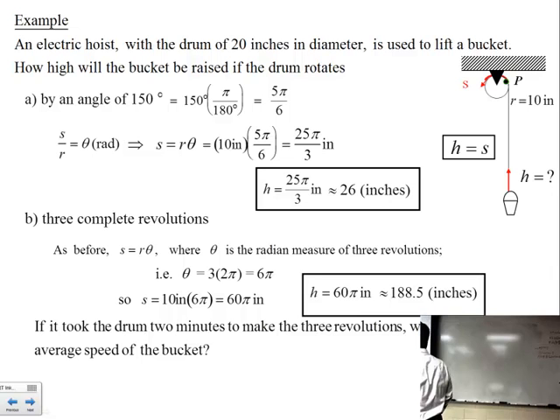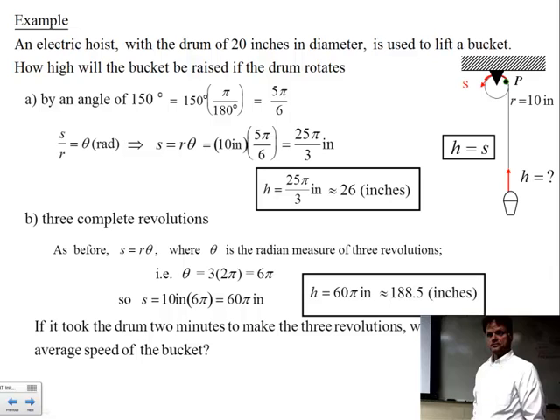So if it took the drum 2 minutes to make 3 revolutions, what is the average speed of the bucket? Well, what's speed? Remember from your physics class. Velocity. Distance per unit time. So it's distance divided by time. Total distance divided by time duration, that will be the average speed.